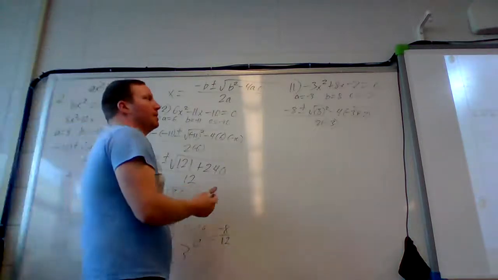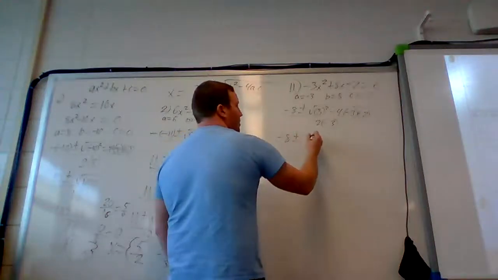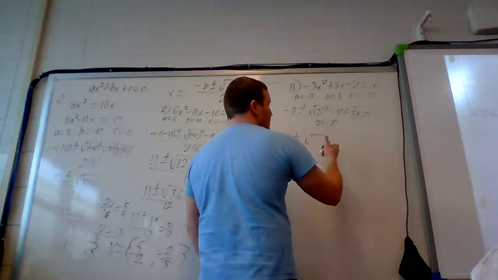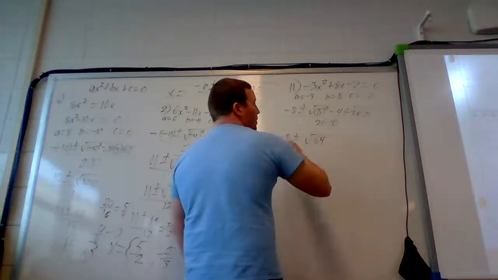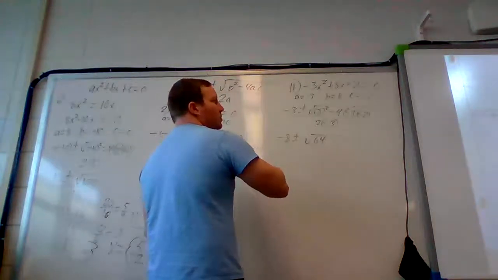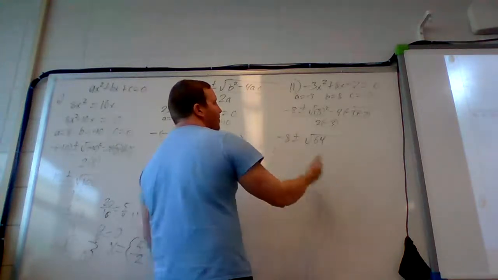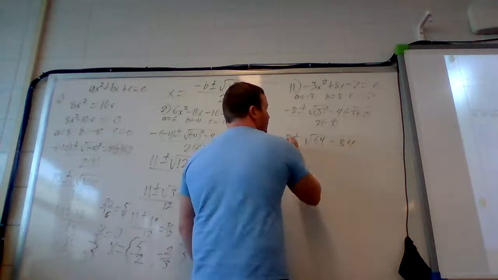When we plug this one in and start simplifying, 4 times 3 is 12, 12 times 7 is 84, and it's negative 84, and then over negative 6.